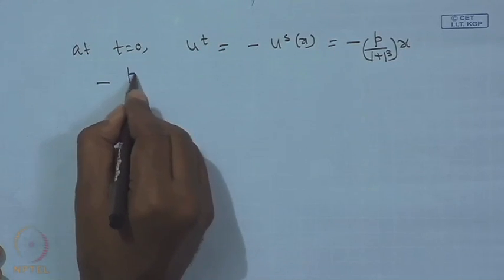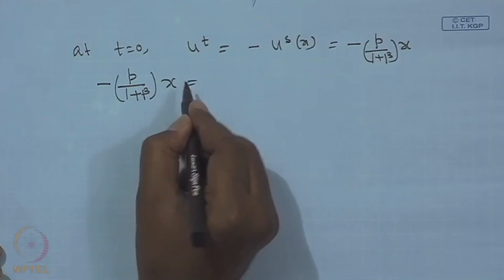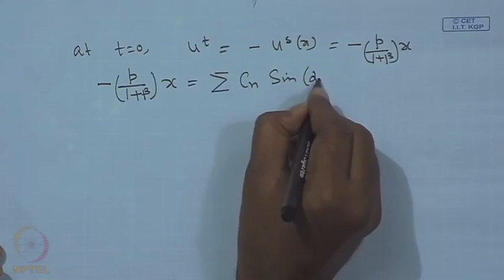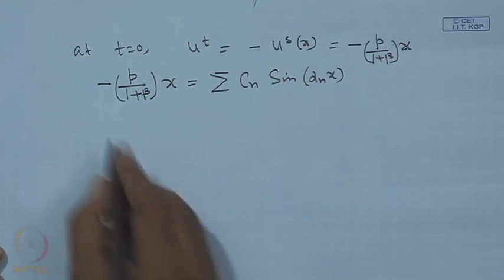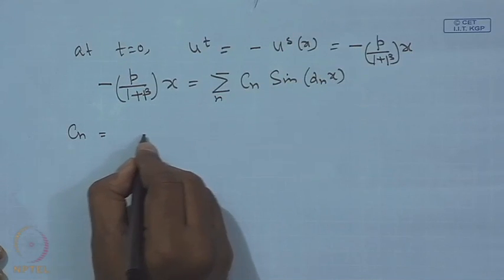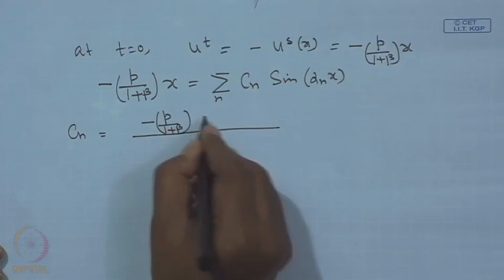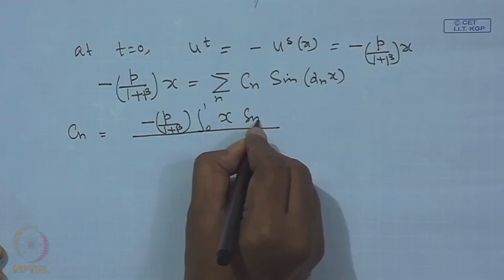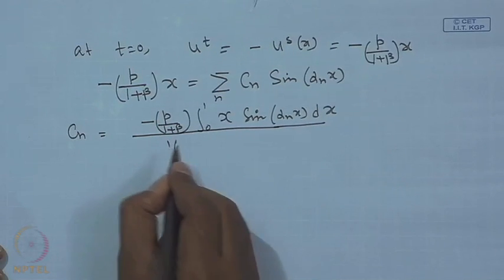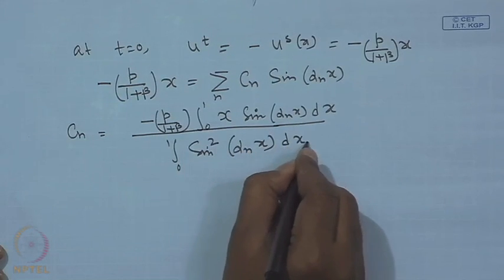This becomes minus p divided by 1 plus beta into x is equal to summation of C n sin alpha n x. So, we can evaluate the value of C n as minus p into 1 plus beta integral 0 to 1 x sin alpha n x dx divided by integral 0 to 1 sin square alpha n x dx.